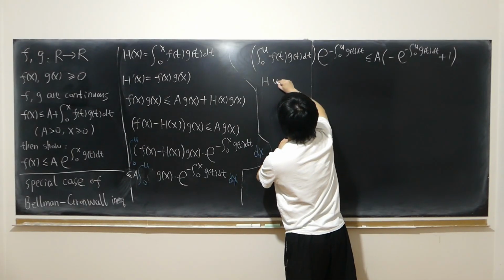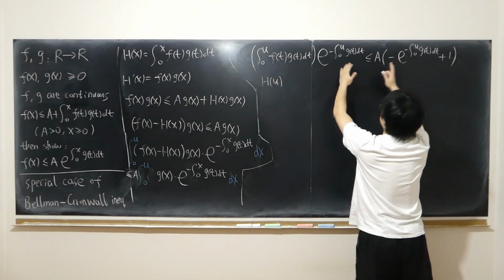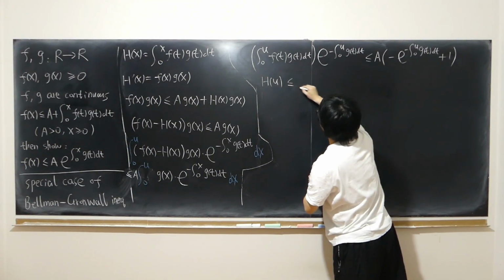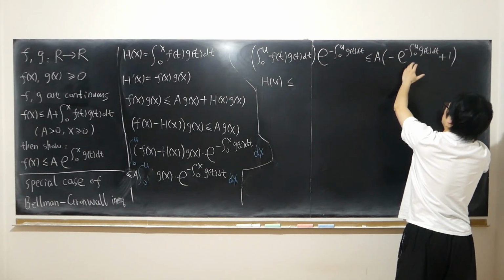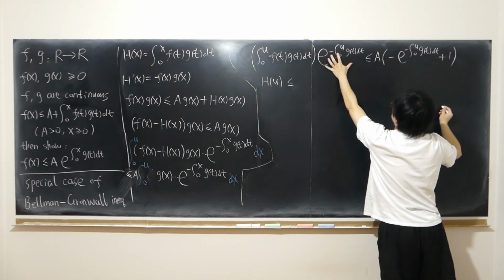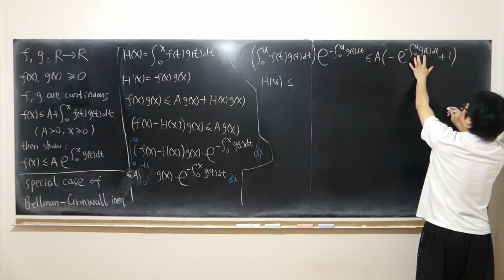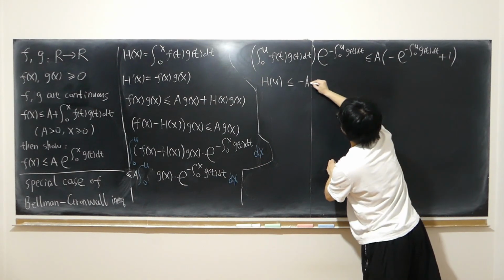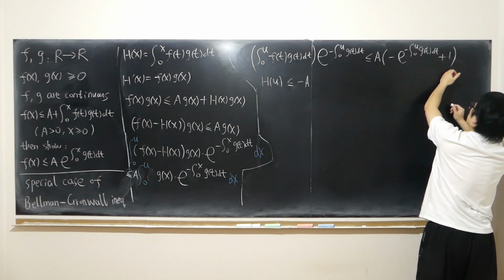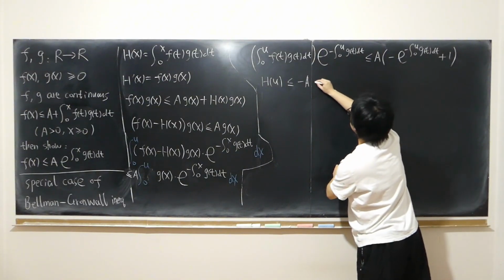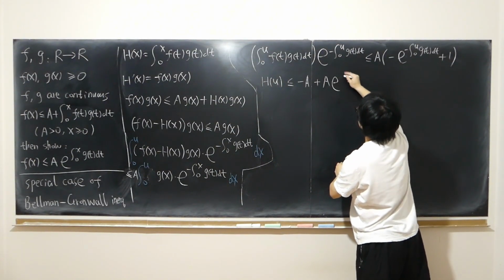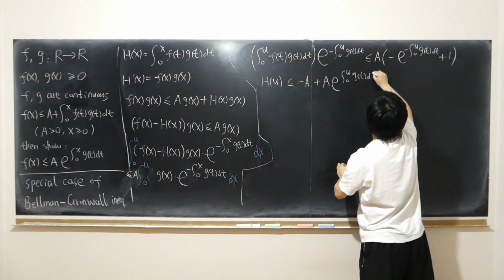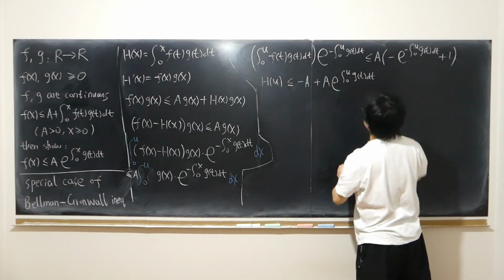Then I multiply both sides by the reciprocal of this thing, which becomes 1, less than a times this. The reciprocal of this times this becomes 1. So I have negative a, then a times 1, then times the reciprocal of that, that is a times e to the positive integral from 0 to u of g of t dt. This is what I have.